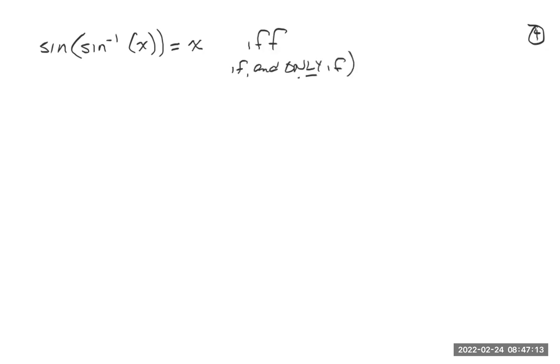We can say that the sine of the arcsine of a value x will be equal precisely to x. Now here's a new math term for you, IFF, and this means if and only if the value of x lies between and including -1 to 1, which happens to be the domain of arcsine, right?